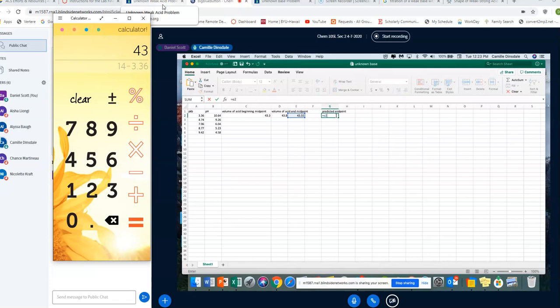Is times in this just an X? Shift 8. That's the times sign, times 2. Equals. So we're looking to be at 87.1, our volume of 87.1.